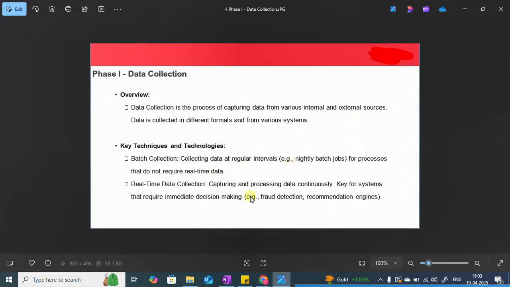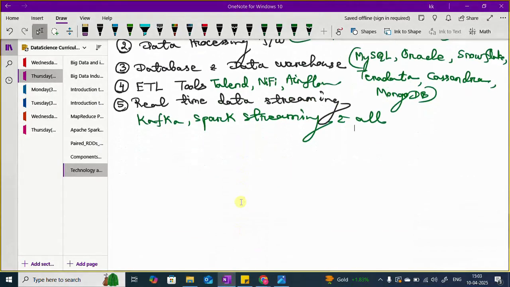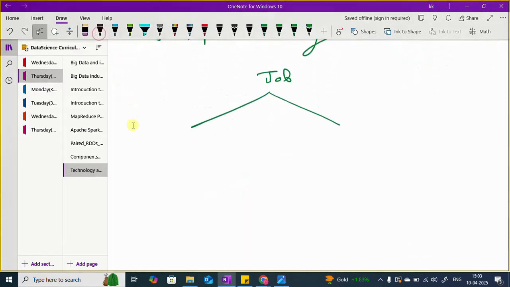Now coming to data collection. Basically, whatever jobs we create in real time are of two types. One is batch job, another one is called streaming job.